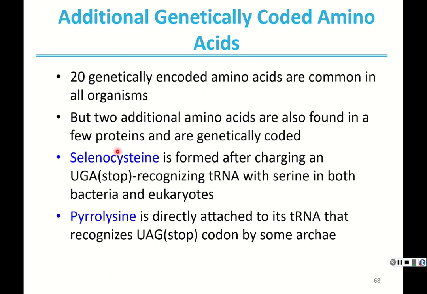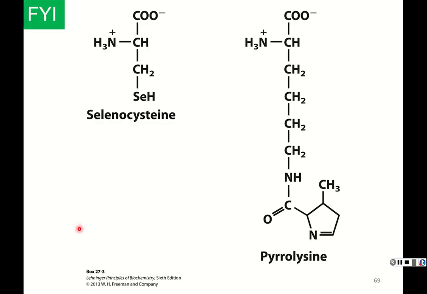So just not important in our class, you don't have to remember these, but just to point these out to be inclusive. Right, and the structure of those are shown here. If you go on to protein biochemistry and study proteins in eukaryotes, you do see examples of selenocysteine.